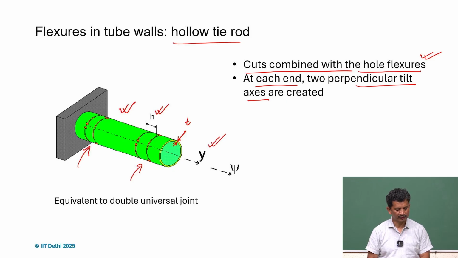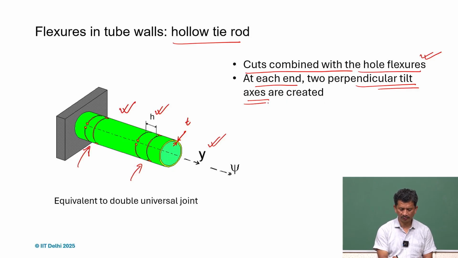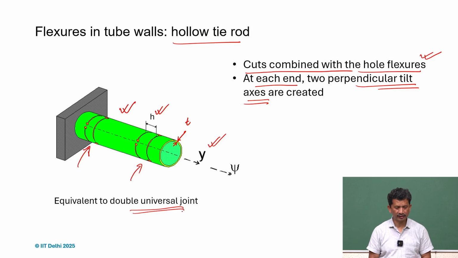So we can create different kinds of flexures, and if you create two perpendicular tilt axes on either end, we actually create double universal joints.